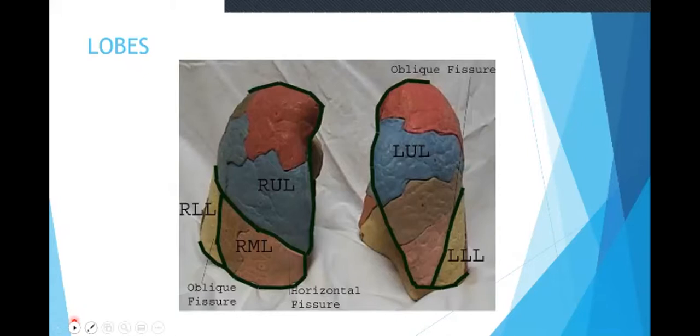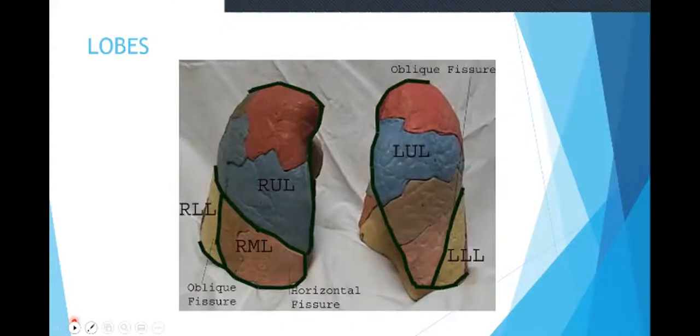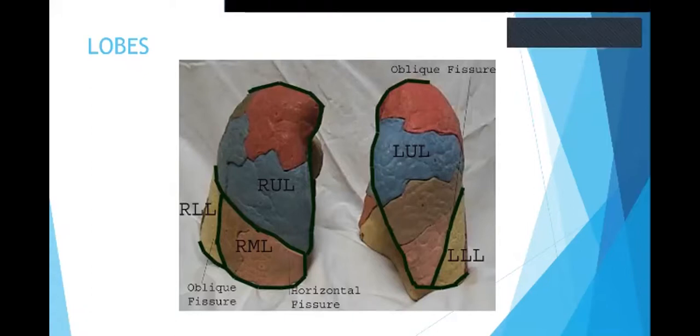This is a pair of lungs. You're not seeing what's going on? You're not seeing my pictures? Okay. All right, well, we can fix that. What about now? No, still.